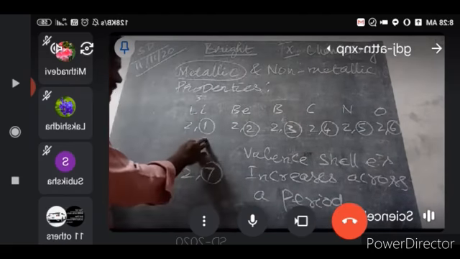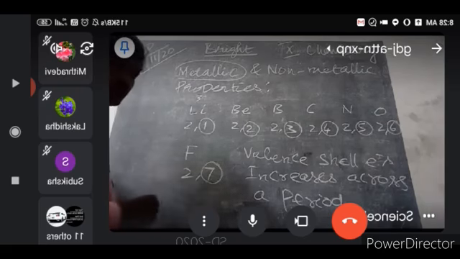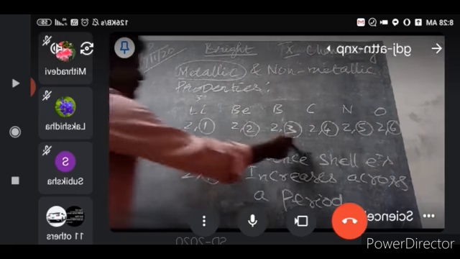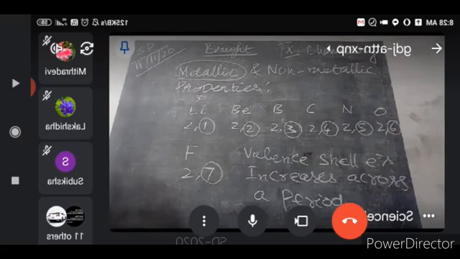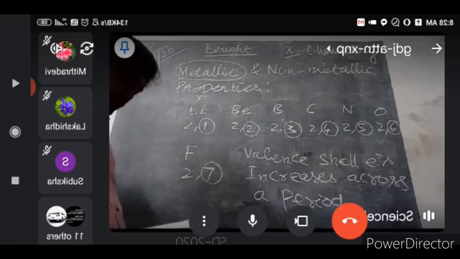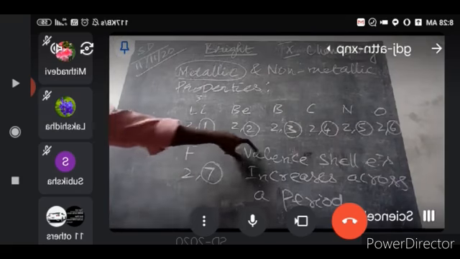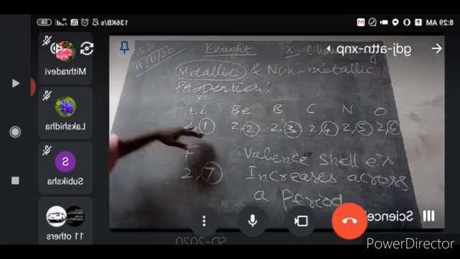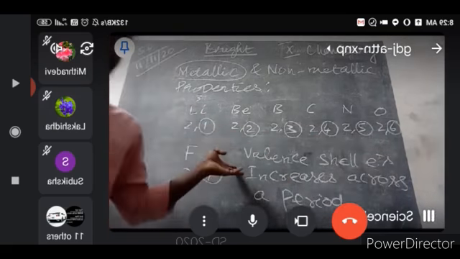Here is the illustration. It starts with 1 and ends with 7. Why have I not written neon? It is a noble gas, it cannot donate, it cannot show any metallic property. So I avoided it. By this illustration you can understand that it gradually increases, following the increasing order of valence shell electrons.